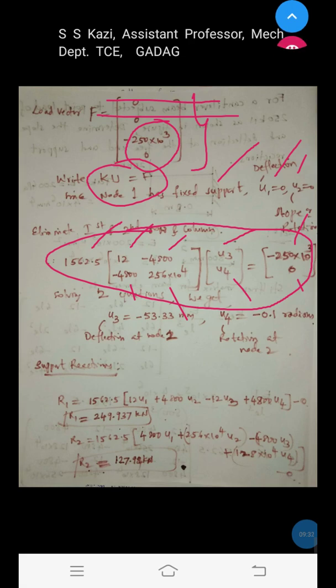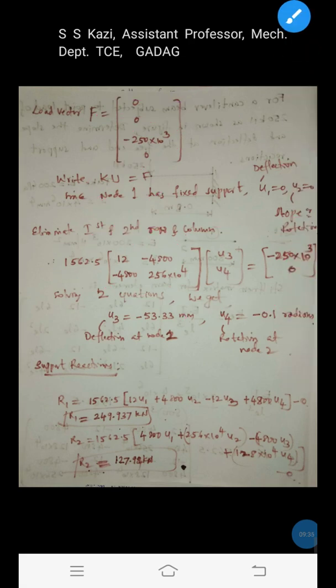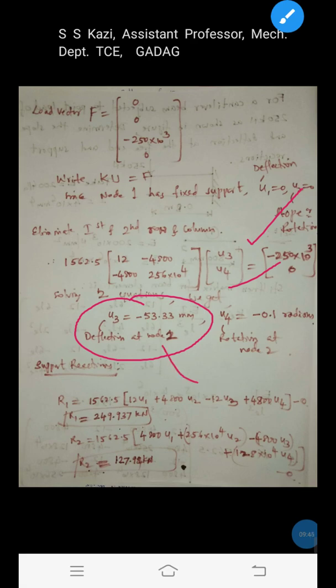If you solve these 2 equations, we will get U3, that is the deflection at node 2, the deflection at the free end of the cantilever beam. The deflection at node 2 is given by U3 equal to minus 53.33 mm.